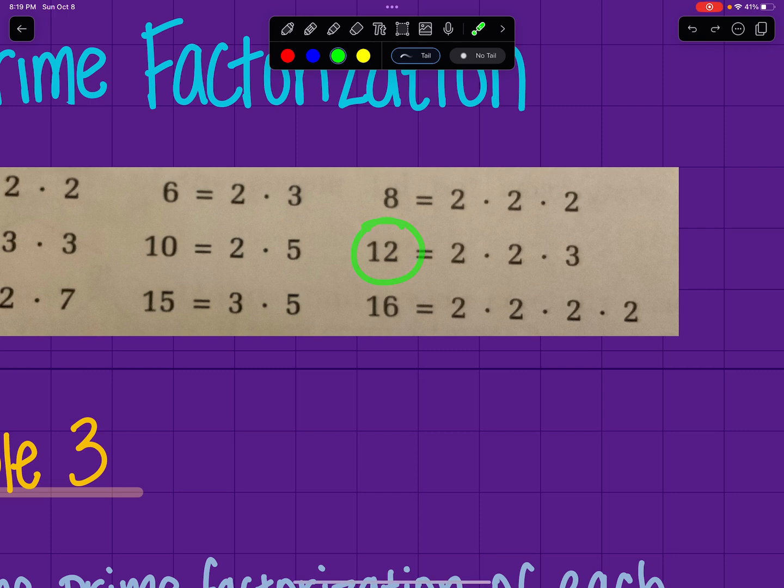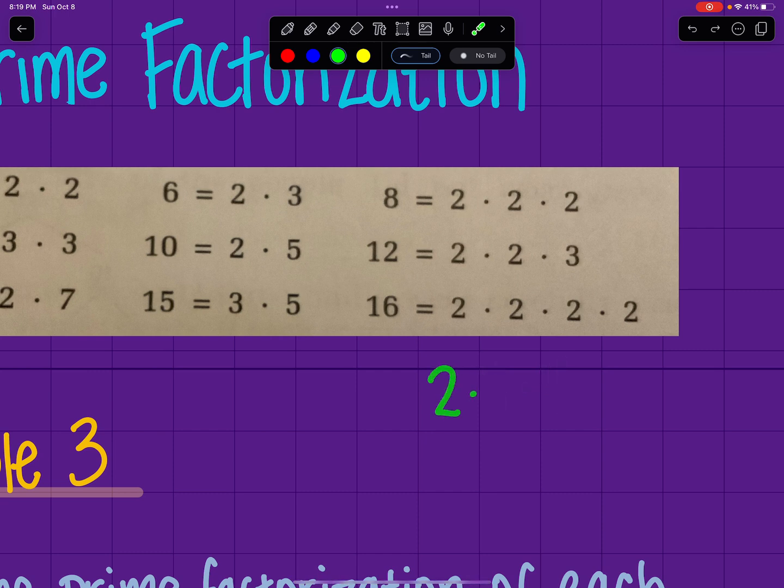Here's 12. 12 can be thought of as 6 times 2, right? But 6 is not a prime number, 2 is. So if we break down that 6 a little further, it would be 2 times 3 times 2, which is the same as this. It doesn't matter which order you put it in. 16, I think of that as 4 times 4, but those are composite numbers, so we break those down.